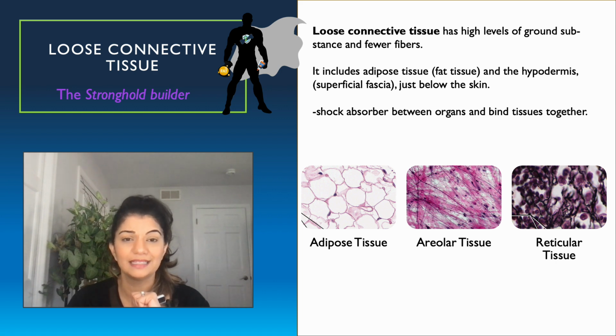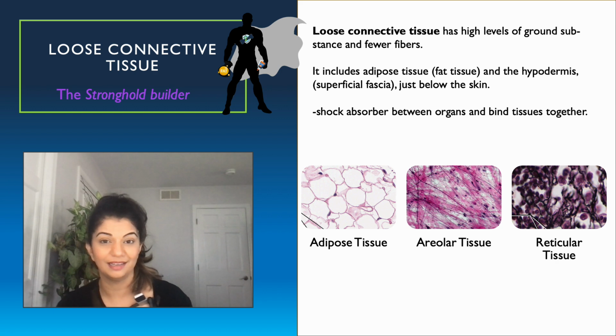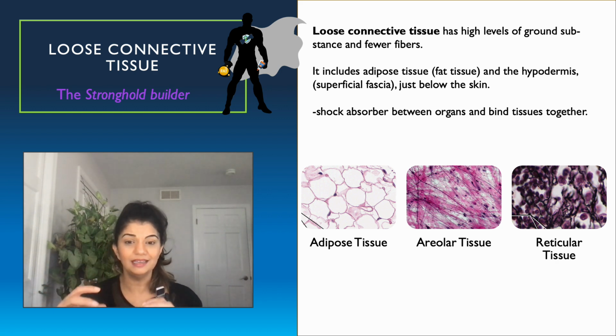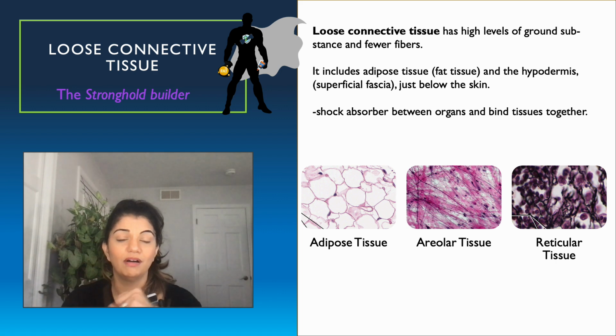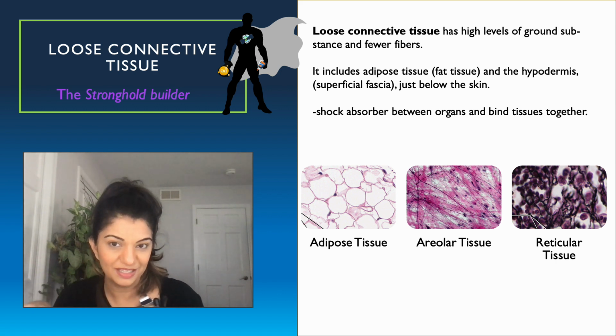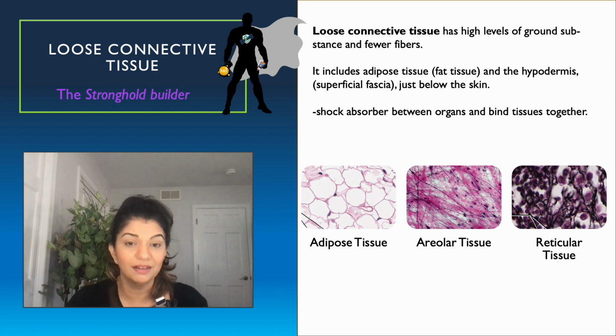The first one is adipose tissue, and this is quite easy to recognize in your histology slides because there's very little extracellular matrix. What you see are these big globs of white-looking cells. White adipose tissue is the most abundant. However, it can appear yellow sometimes, and that's because of carotene and other related pigments from plant food.